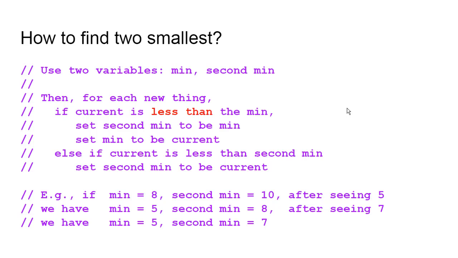The problem asks us to find the 2 smallest. We already talked about how to find max, how to find min. So how do we find the 2 smallest? We do that by using 2 variables, storing the current smallest and the second smallest. Every time we see a new value, in this case a new house with a new PPSF index, we first compare that with the min.